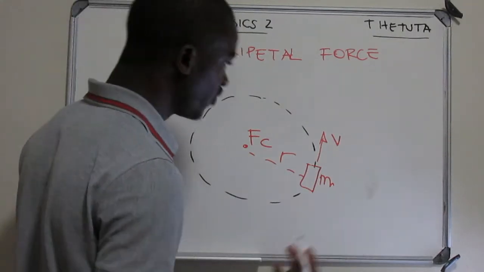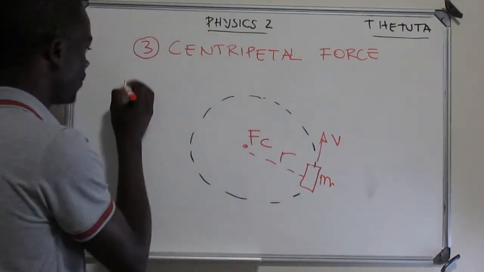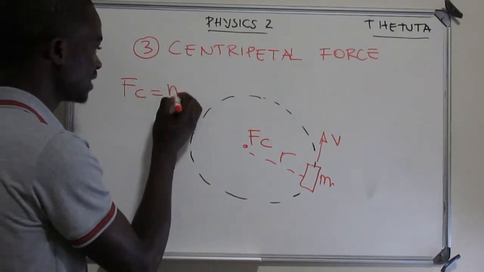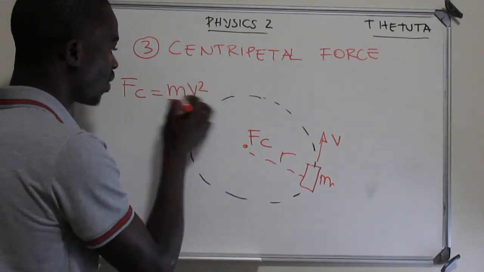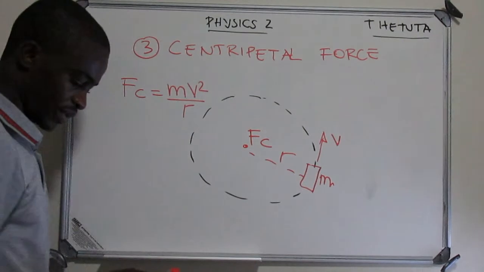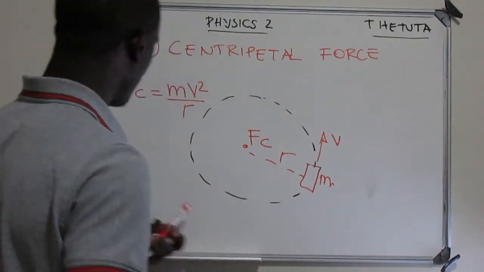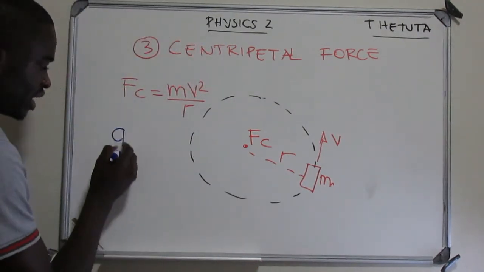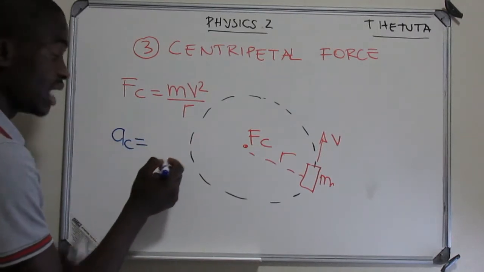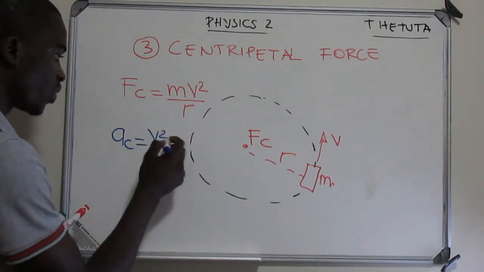So what is it given by? Our centripetal force is given by mass times velocity squared over the radius. But remember, our centripetal acceleration is given by the velocity squared over r.